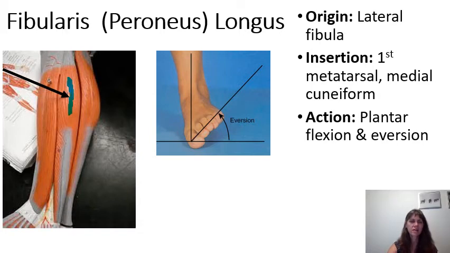I'm going to point out fibularis or peroneus brevis while we're here on this picture because it's a good picture. Fibularis longus has its origin on the lateral aspect of the fibula and inserts on the first metatarsal as well as on the medial cuneiform and acts to plantar flex and evert the foot.